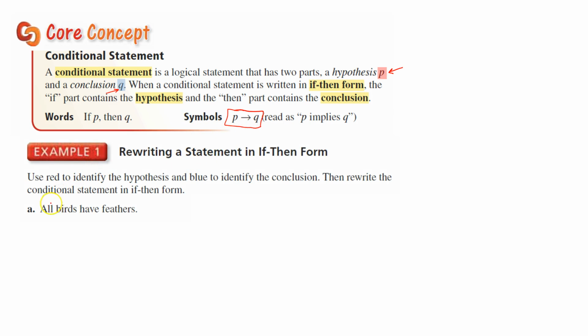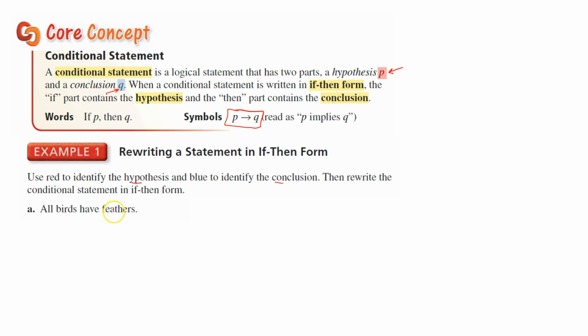So let us look at this sample statement, identify the hypothesis and the conclusion, and then rewrite it into if-then form. So this statement: all birds have feathers. What is my hypothesis and what is my conclusion? Sometimes it's easier to find the conclusion.